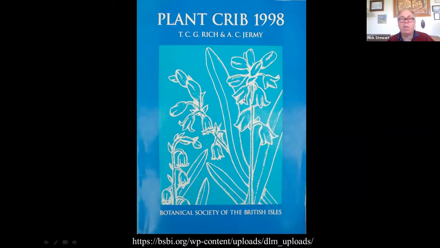Some of you may be familiar with this, but for those that aren't, Plant Crib is a book which doesn't cover all species, but it goes into more detail about a selected group of species, and in fact it does quite well for aquatic plants. There's a section on water starworts, a section on water crowfoots, but there are also some useful tips for some of the more similar pondweeds.